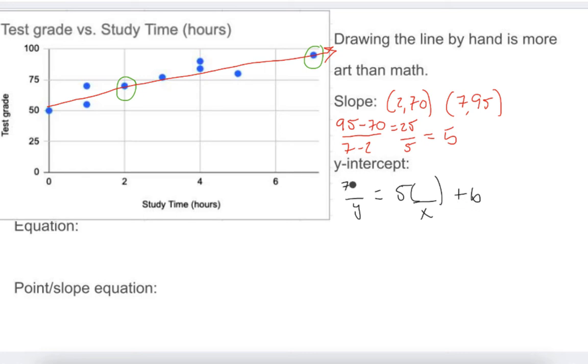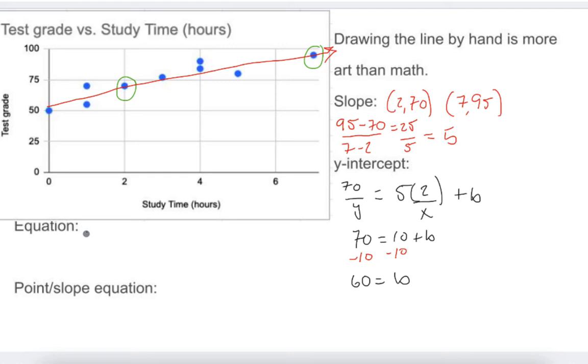So the y number is 70. The x number is 2. So 70 equals 10 plus b. Subtract 10 from both sides. You can see the b is 60. So that means if I study for 0 hours, I should get a 60.